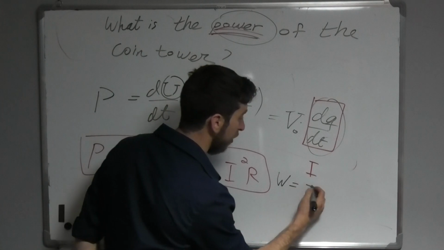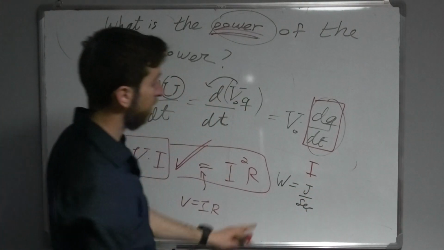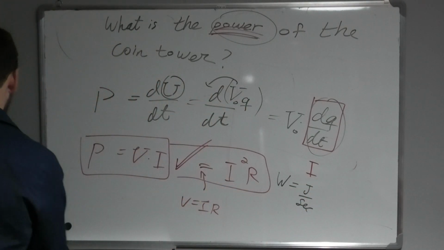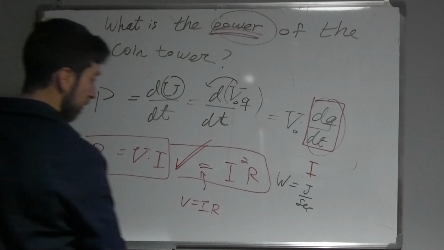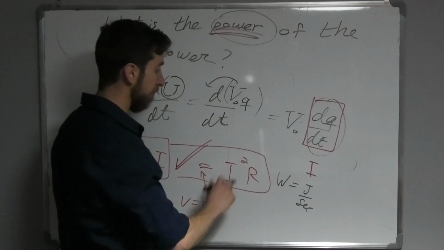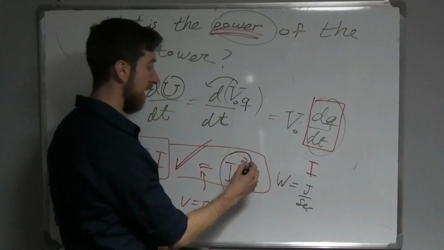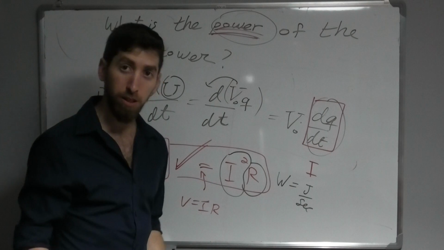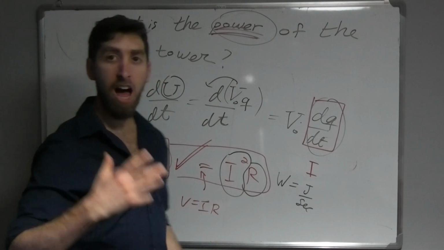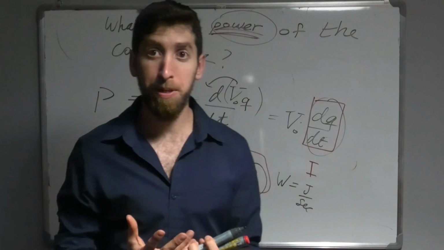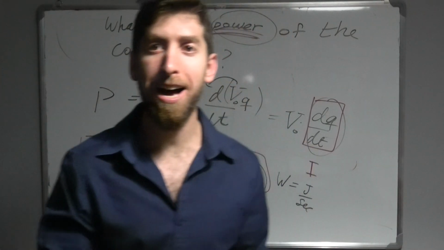And a watt is actually joule per second. So this is the same idea, the same concept. So if I want to know the power that I'm using, I just substitute I squared and R, which we already found. Or maybe V0 and I0, and that will tell me how much energy is being consumed by this pillar.